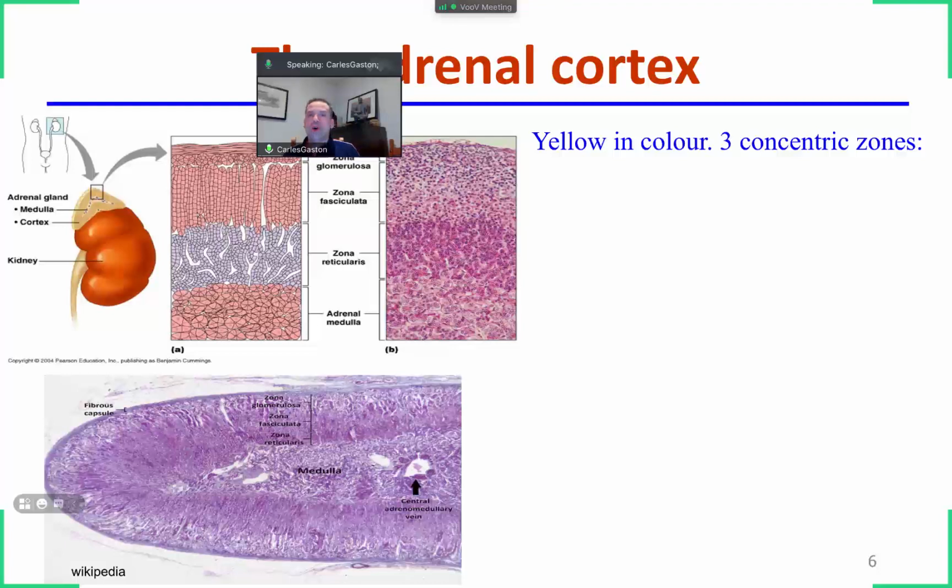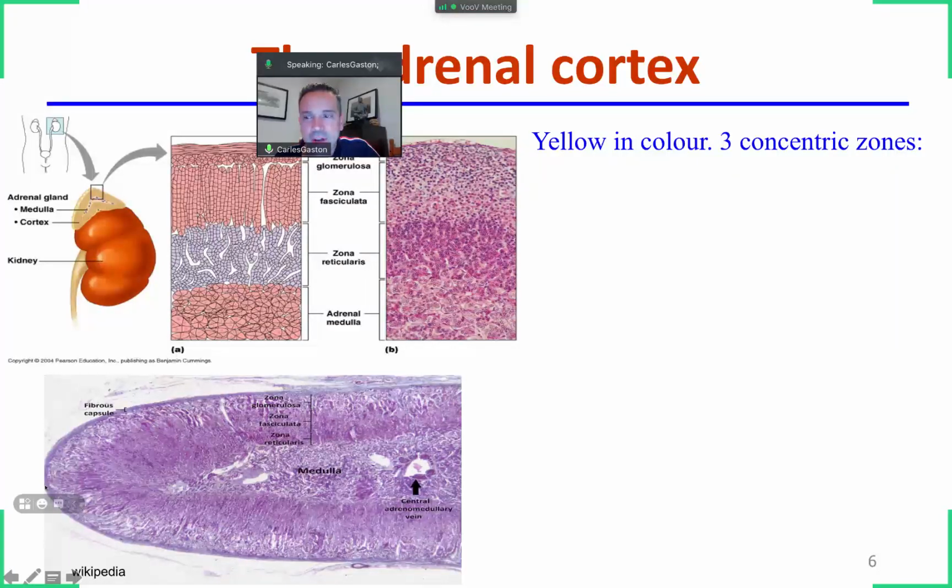So let's go a little bit more in detail, because today, I'm afraid, my friends, things are getting a little bit more complicated, right? It's not an easy organ, okay? Very small, but it produces lots of different hormones. So we have here the adrenal gland, which is above the kidney, that has this pyramidal shape.